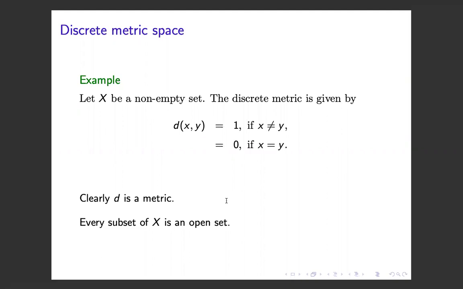That means any point is at a distance 0 from itself, and any other point, which is different, is at a distance 1. It is very easy to check that d is a metric and every subset of X is an open set. So this is an extreme case.